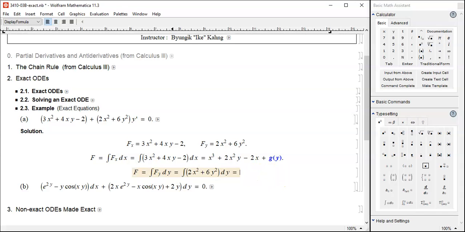Is it 2/3 x cubed? No. You do that when you take the antiderivative by x. You're taking it by y, so 2x squared is just a constant, so times y. How about this one? 2y cubed. Okay, raise the power by 1 and divide. And then we have to have a constant, but constant is going to be a function of x alone.